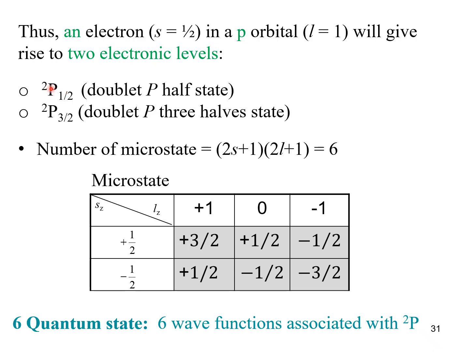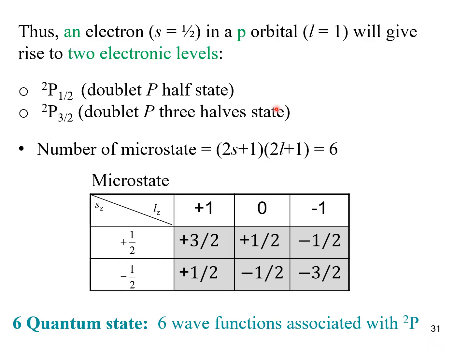P comes from the orbital angular momentum quantum number where the electron is occupied. And the 1/2 subscript is the value of J. In addition to doublet P 1/2, we have another term symbol, which is doublet P 3/2. So these are the two term symbols that can be derived from one electron occupying a p orbital.